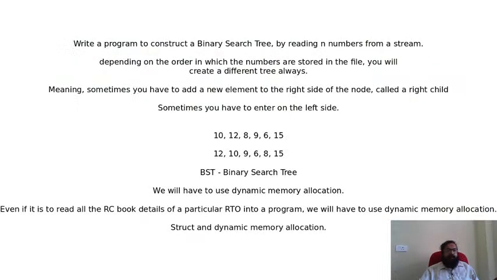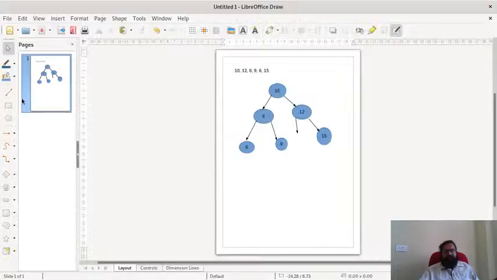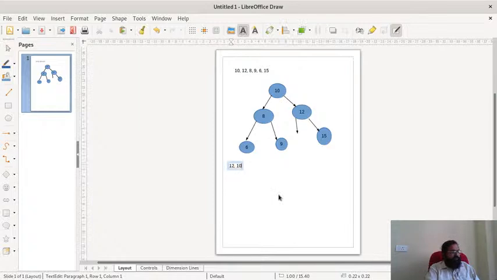So that is one tree. And then if we have 12, 10, 9, 6, 8 and 15, correct?